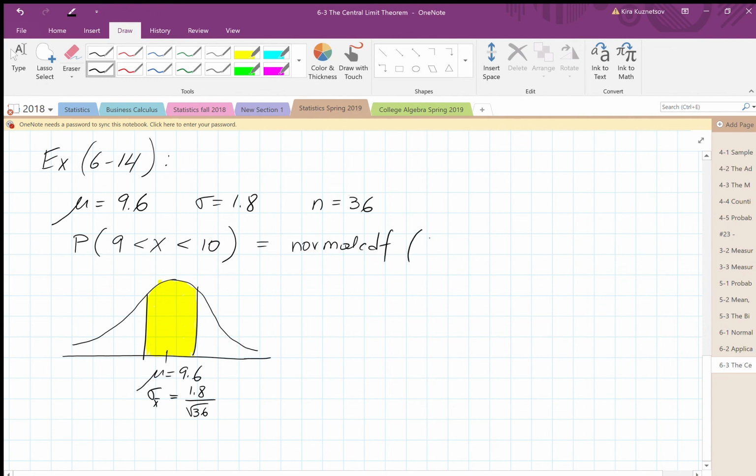Lower bound 9, upper bound 10, mean 9.6 and standard deviation 1.8 divided by the square root of 36. So click distribution, normal CDF, lower bound 9, upper bound 10, mu 9.6, sigma 1.8 divided by the square root of 36. Paste, push enter, and you will see a percentile.